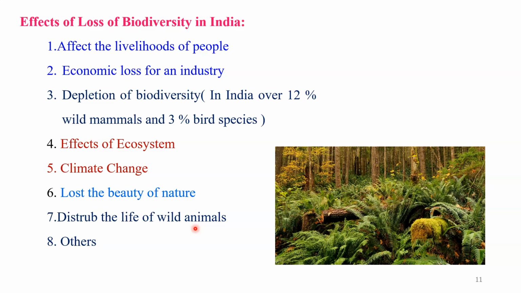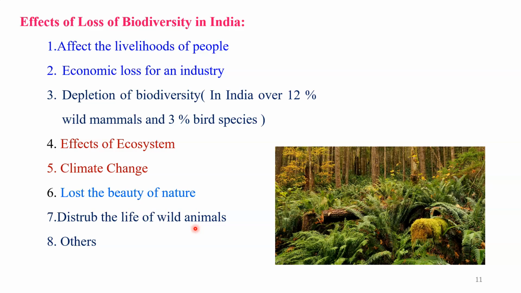Because they don't have natural habitat remaining to survive. Therefore, they search for new areas and travel from the forest to other areas. Unfortunately, they enter the city area, and when they do, they lose their livelihoods. So this is also a very important negative effect we observe with respect to the loss of biodiversity in India.